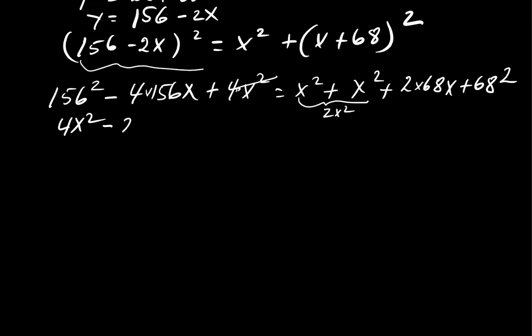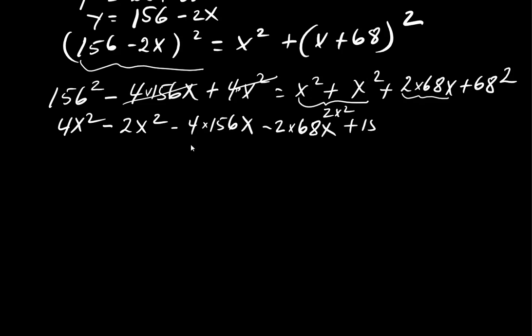We bring them here, minus 2x squared, and then the x is minus 4 times 156 x and minus 2 times 68 x plus 156 squared minus 68 squared is equal to 0.